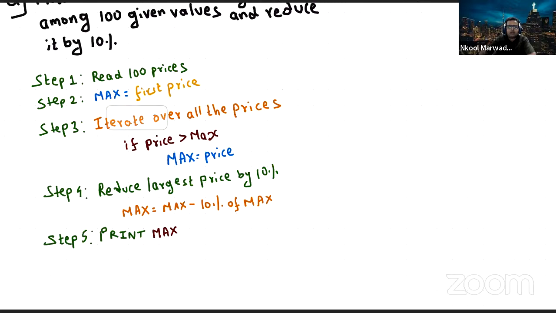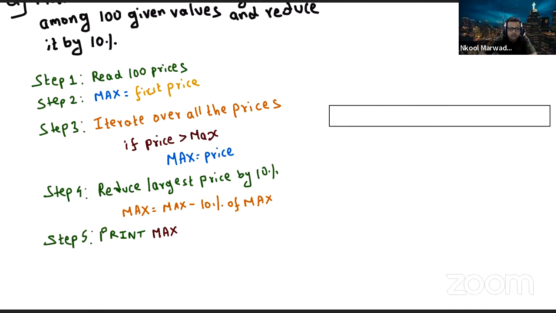So instead of 100, let us take 10 numbers, or rather 11 numbers, for understanding the logic.